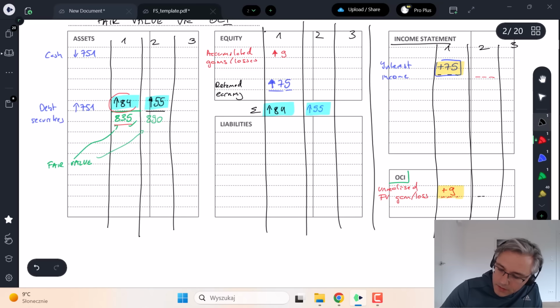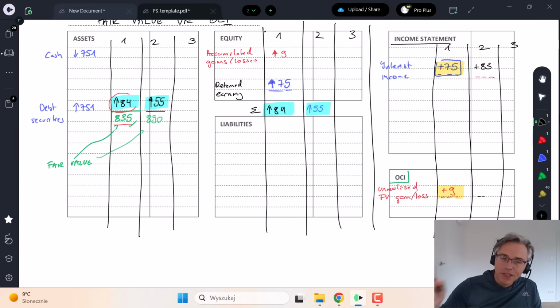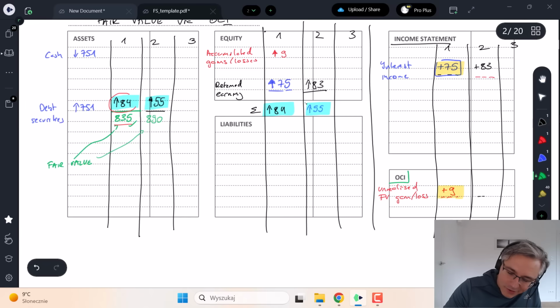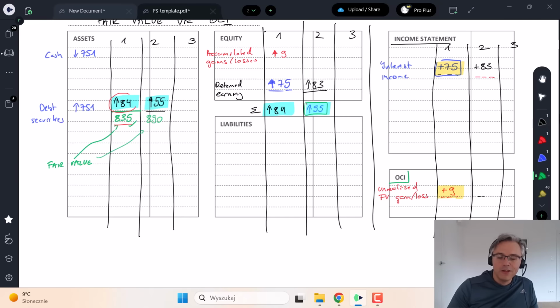So this is the same as before, 83. But 83 is what we take to retained earnings as well, and we can use that to pay dividends to shareholders. 83 is too much compared to the 55 that we need our equity to go up by.